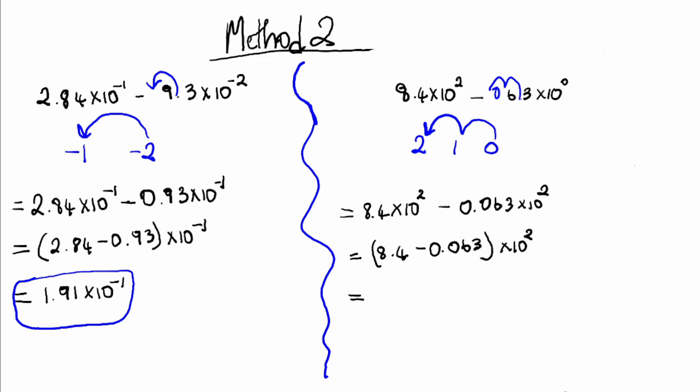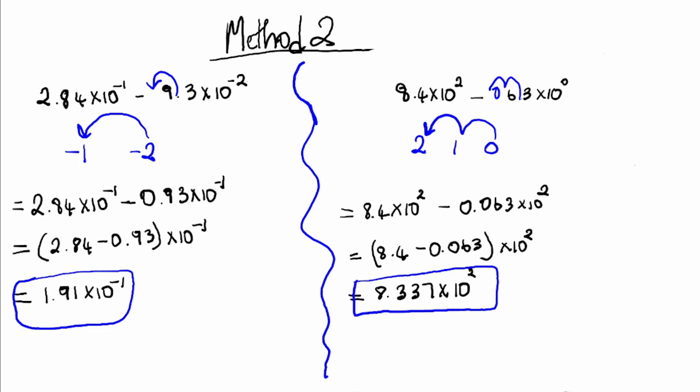Our answer will be 8.337 times 10 to the second power. And this is our final answer for the final problem.